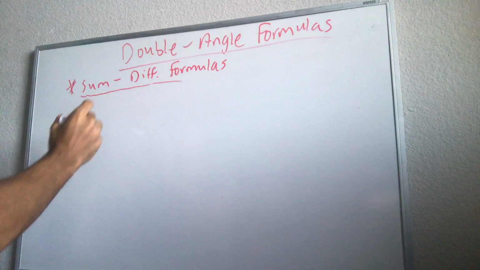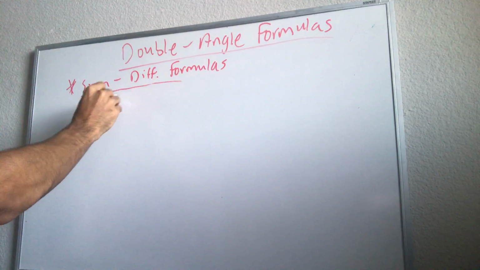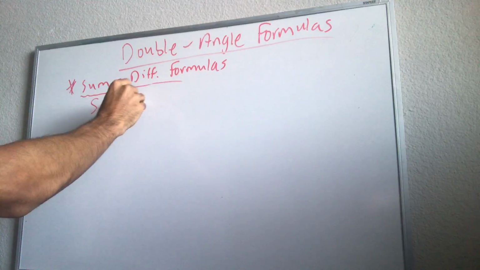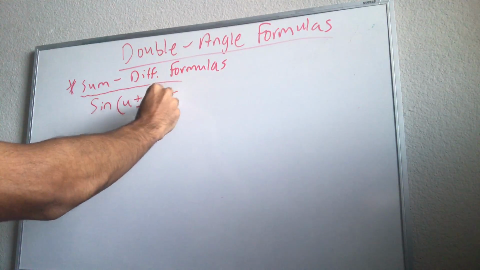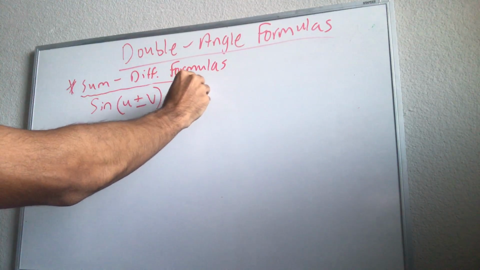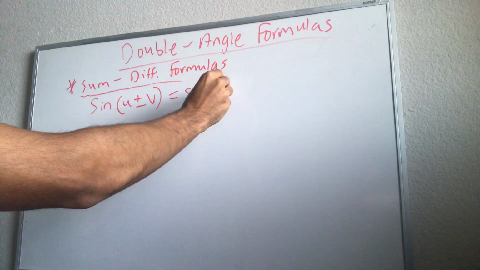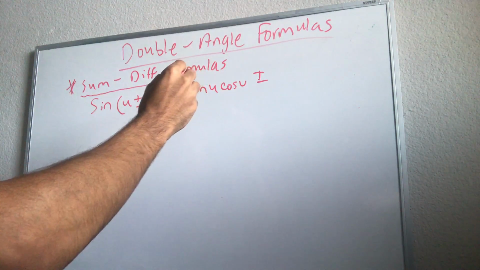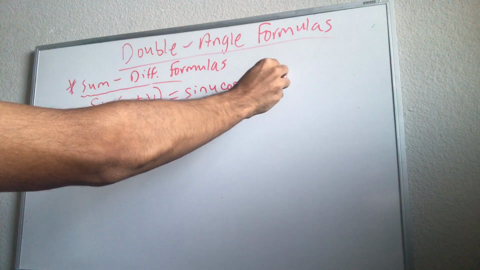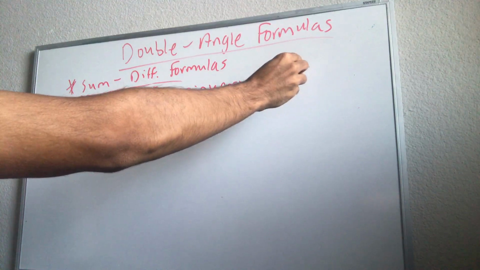The first one I would want to go over is sine of u plus or minus v, which is equal to sine u times cosine v, plus or minus cosine u sine v.